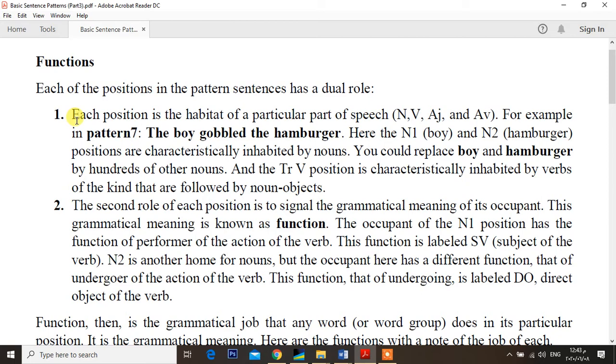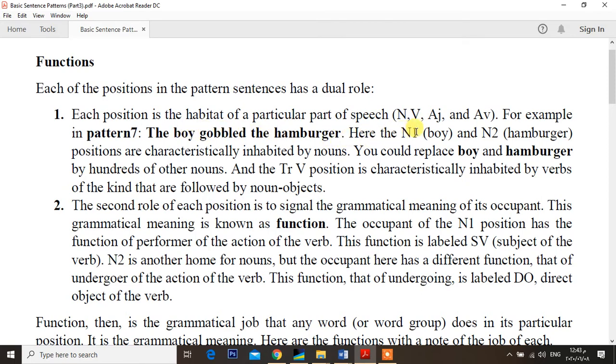Each position is the habitat of a particular part of speech: noun, verb, adjective, and adverb. For example, in pattern 7, the boy gobbled the hamburger.